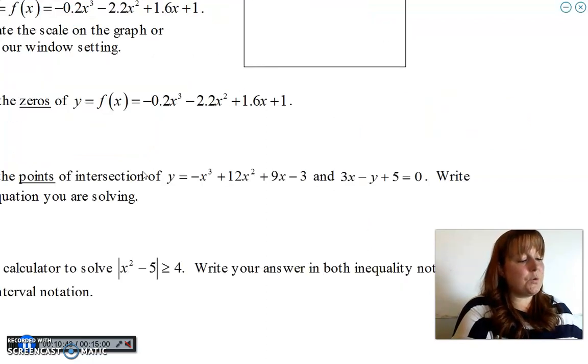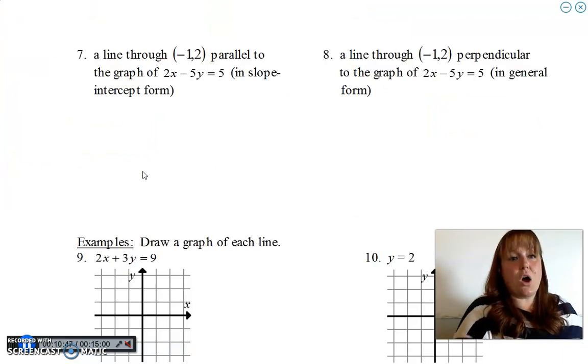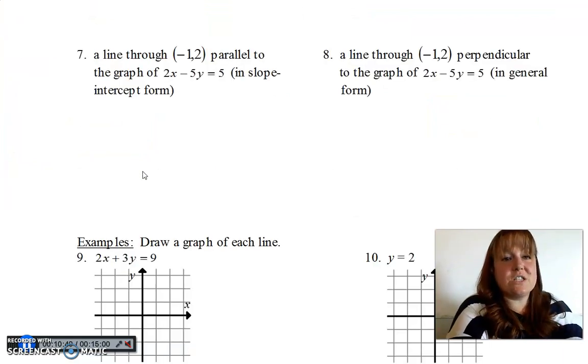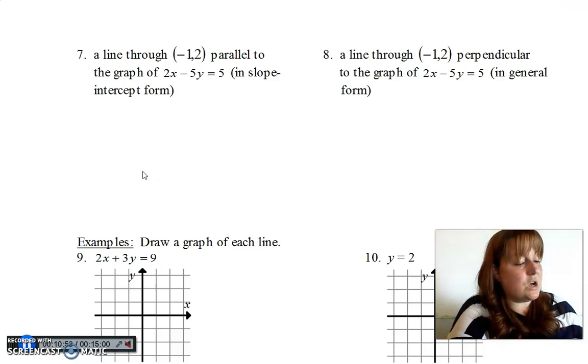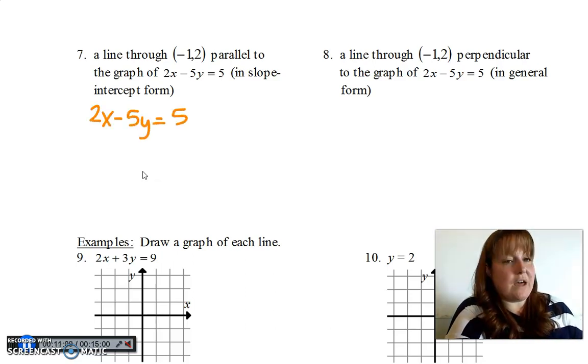A line through this point parallel to this graph. Okay, so we first need to have a slope, and then we're going to put in the point. So the graph 2x minus 5y equals 5. We don't know the slope of that right now, so we've got to put it in slope-intercept form to find the slope.